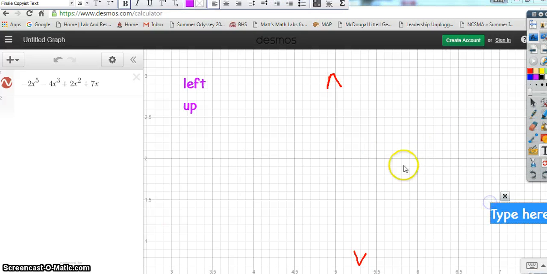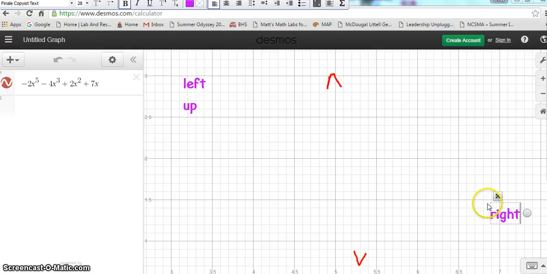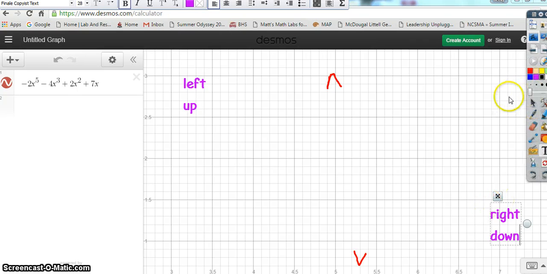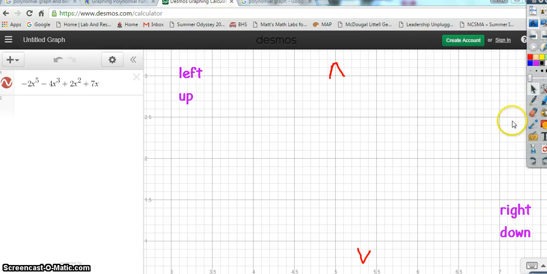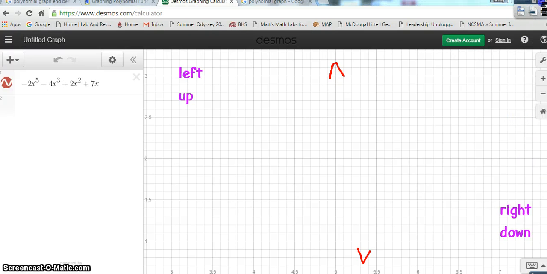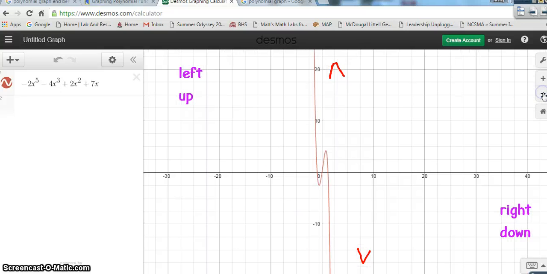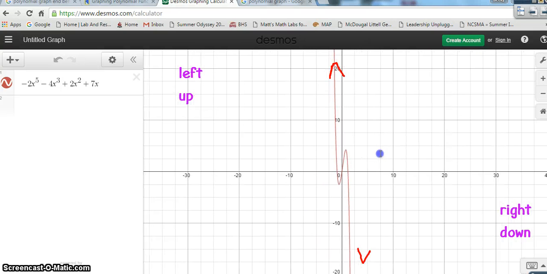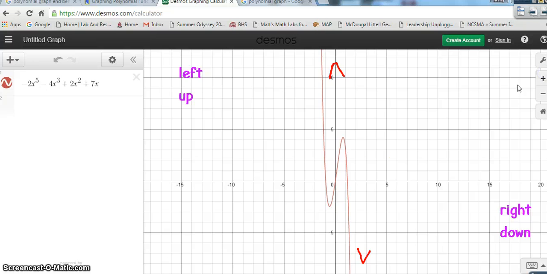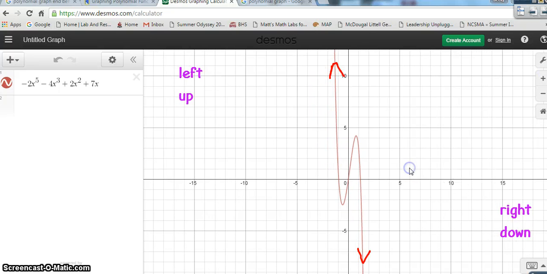I get it sooner or later. There we go. On the right, it points down. Now let's see if I can zoom back out. Ta-da! Close enough. Zoom in a little bit and over. There we go. So we have on the left, it's pointing up, and on the right, it's pointing down.